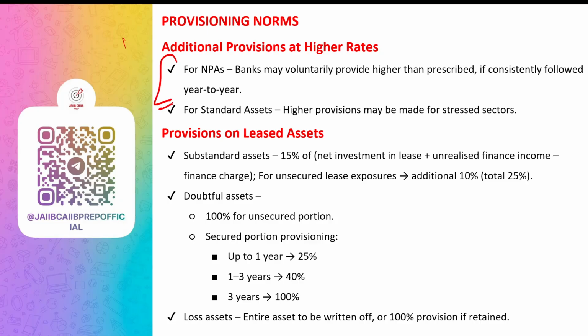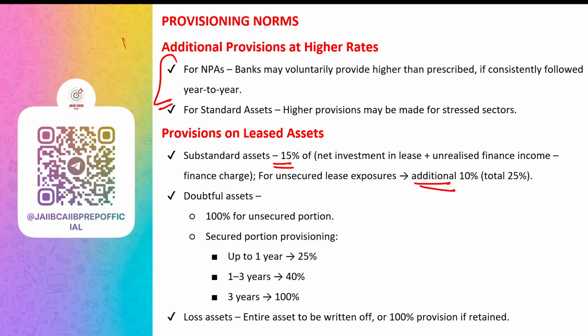Provision on leased assets. So when banks give out loans through leasing arrangements, they must also make specific provisions depending on the quality of those assets. Now, if there are substandard assets, so these are lease assets that have just turned problematic, but not yet doubtful or loss assets, the provision is 15% for secured, and for unsecured, 25%, an extra 10% is required.